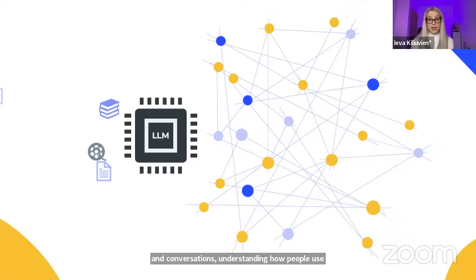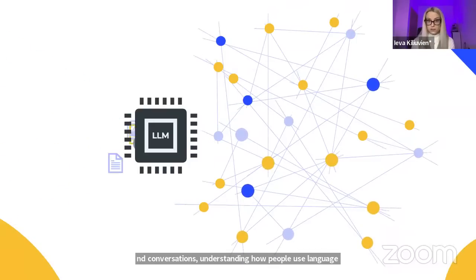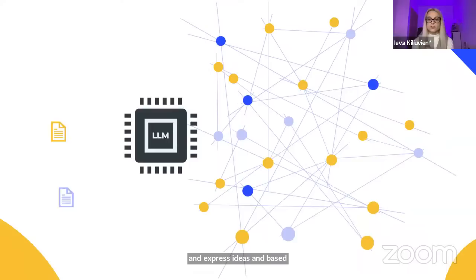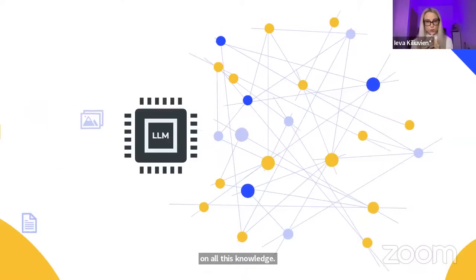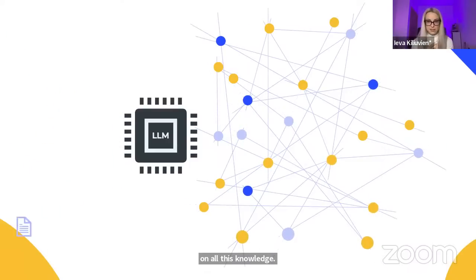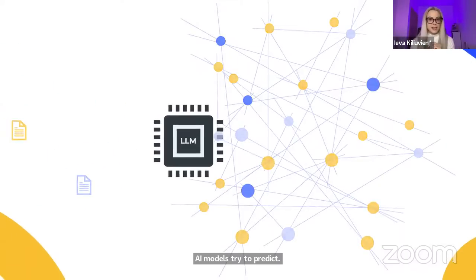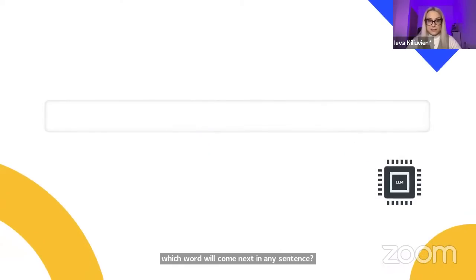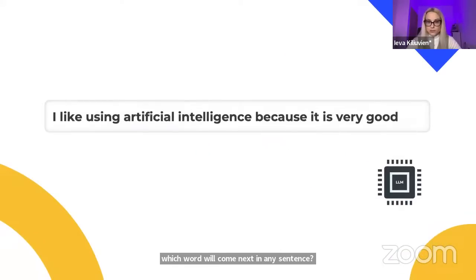express ideas. And based on all this knowledge, AI models try to predict which word will come next in any sentence. So if you say, I like using artificial intelligence because it is very good, then they will try to guess the next word after that.